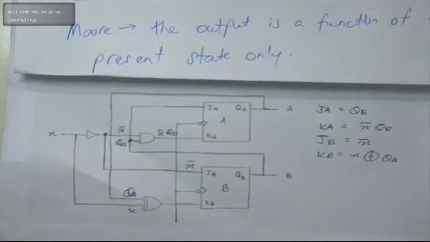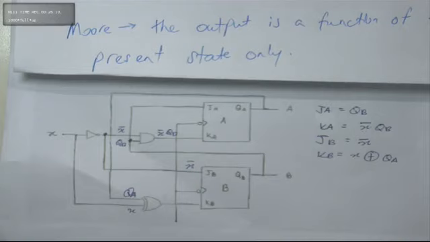And the outputs are basically the outputs from the first flip-flop, A flip-flop, and B flip-flop, QA and QB. Now, the outputs are determined by the present state of QA and QB. Can you see that? Okay, the output is a function of the present state only.